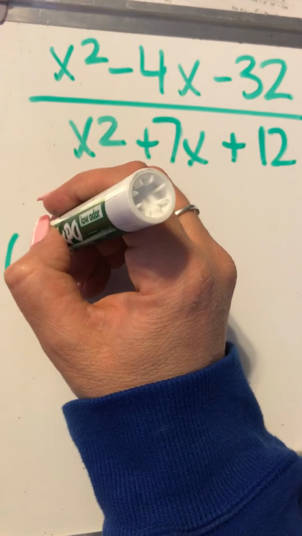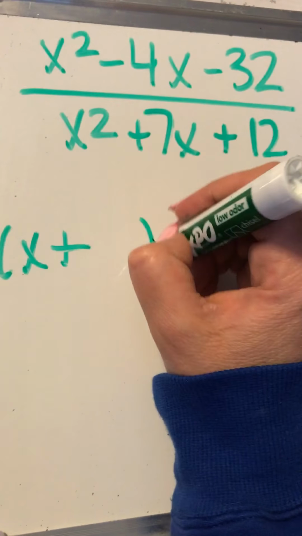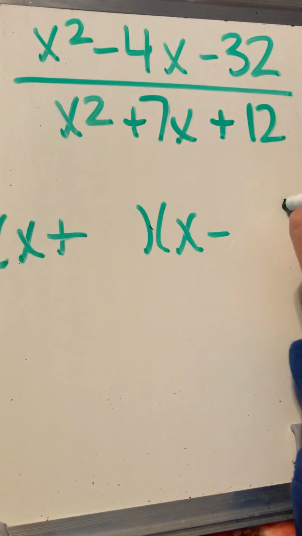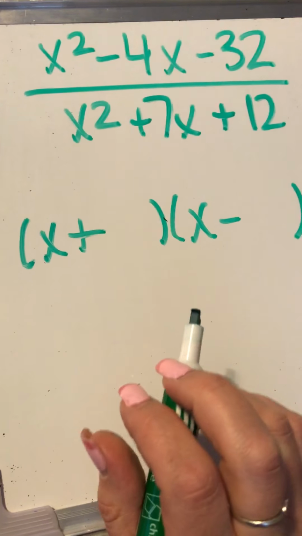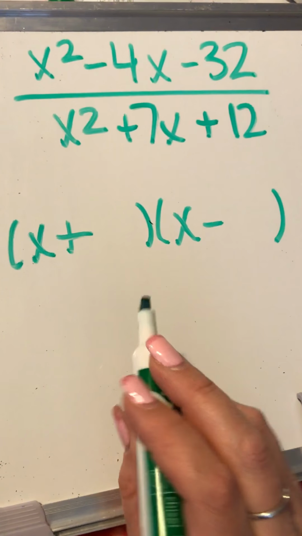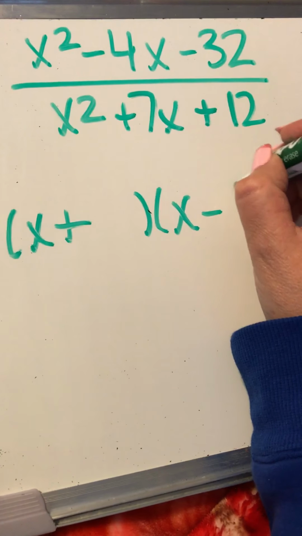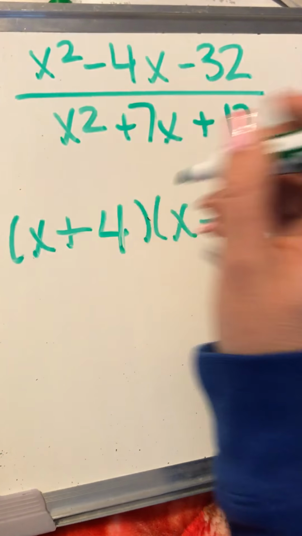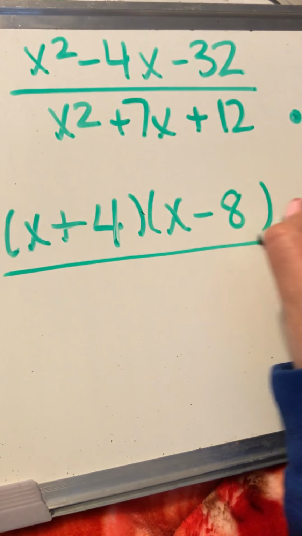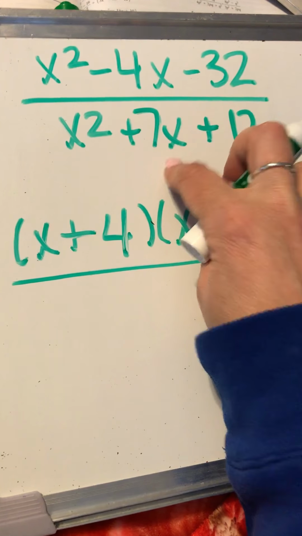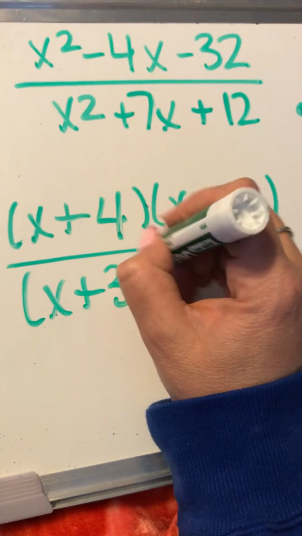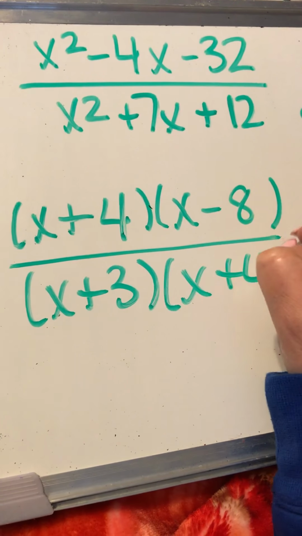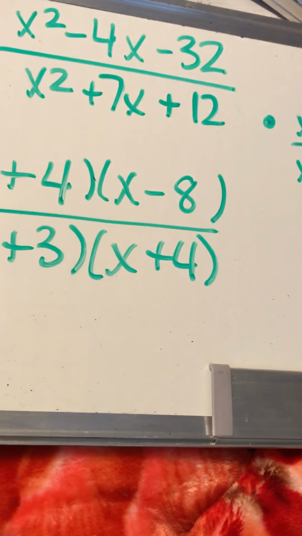Let's start here. We're going to have x plus and x minus. We're looking for factors of 32 that give us a negative 4. Factors of 32 are 8 and 4, so a negative 8 and positive 4 give us negative 4. Down here in the denominator, factors of 12 are positive 3 and positive 4.